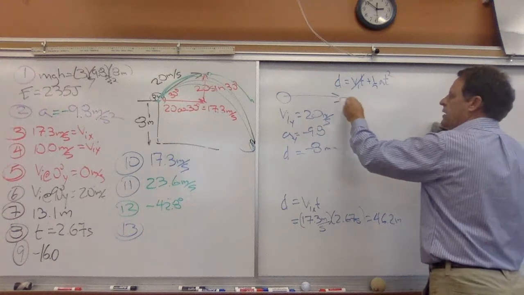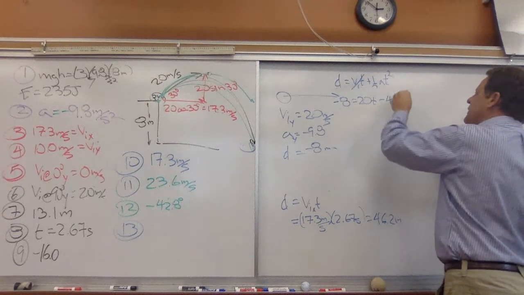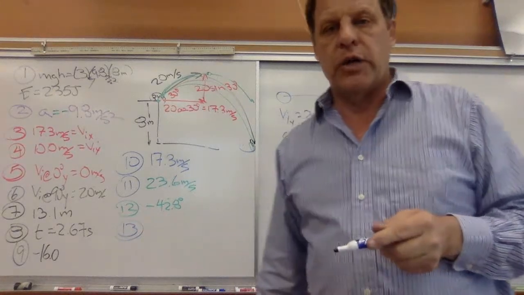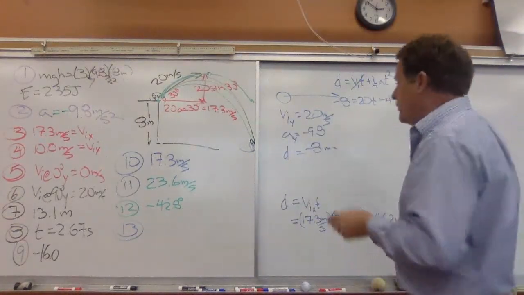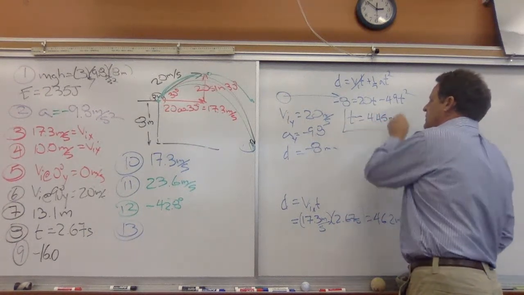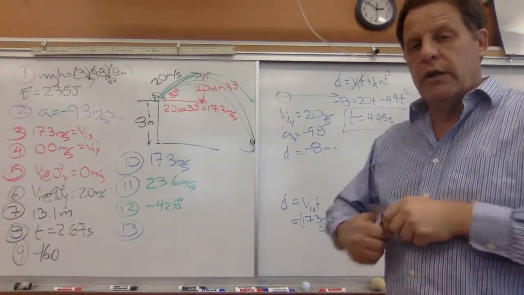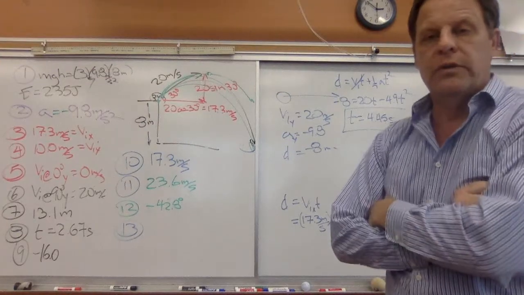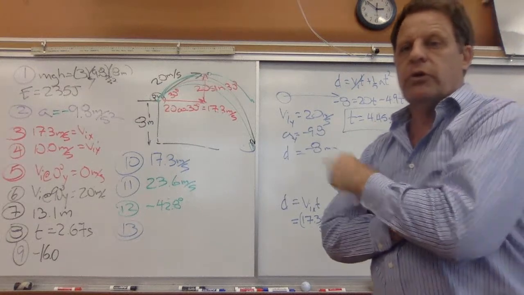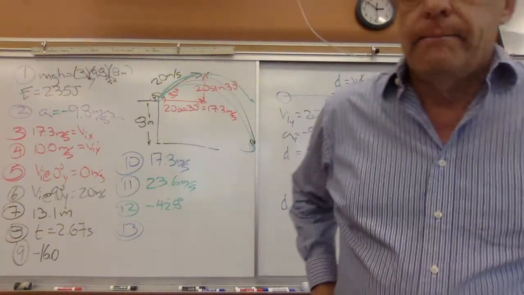And now we would say -8 is equal to 20t minus 4.9 t squared. We're back to a quadratic equation, and if we plug those numbers in, our time, I believe, is going to be 4.45 seconds. Now, even though there was a quadratic here and a quadratic earlier on the midterm, you are only going to have one quadratic. You won't have two. So either this question will be dropped or the other question will be dropped. But we end up getting 4.45.